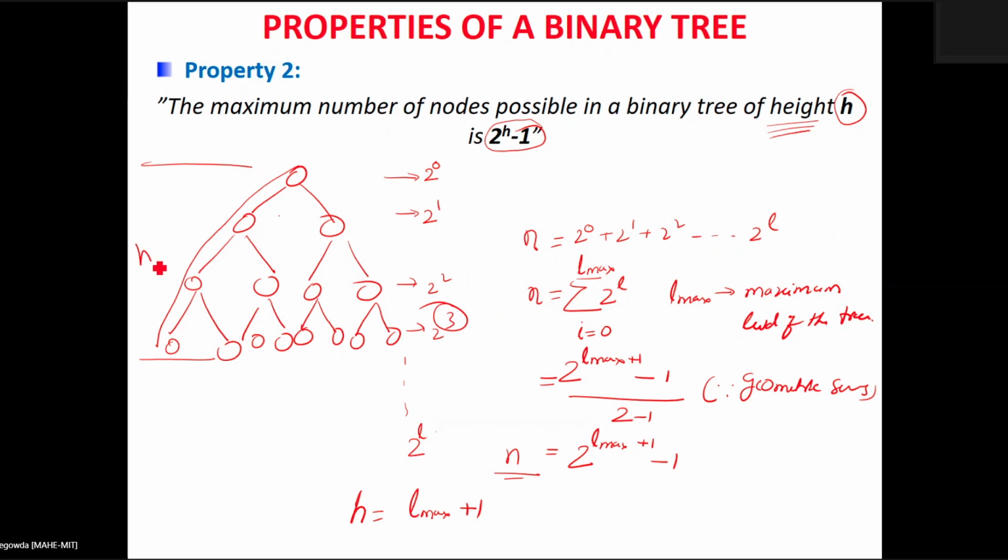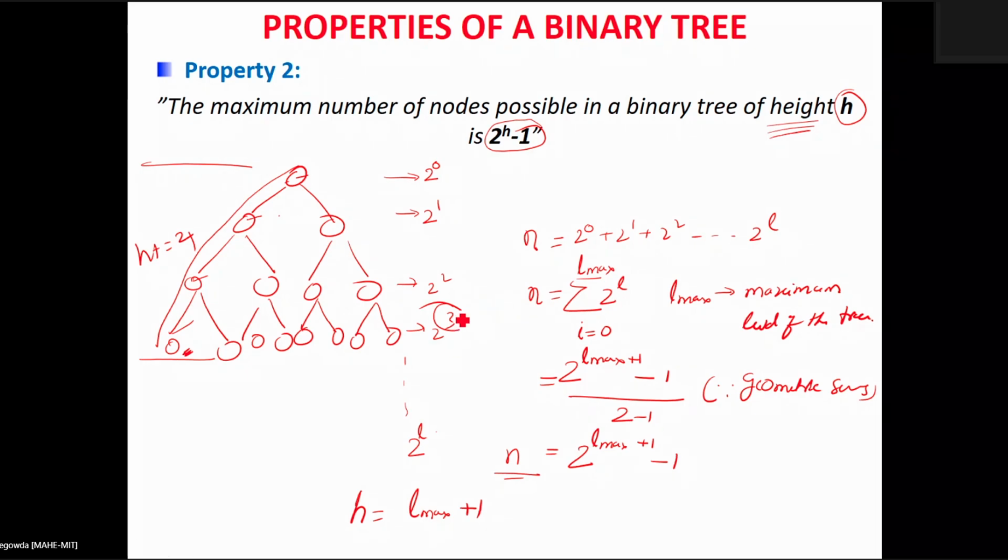Here in this case, to reach this particular leaf node from the root node, which nodes am I supposed to traverse? 1, 2, 3 and 4. Multiple paths are available here, and in each path the height is 4 in this case. L max is 3 here.